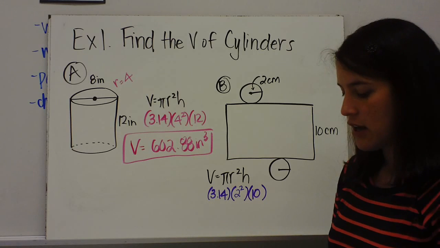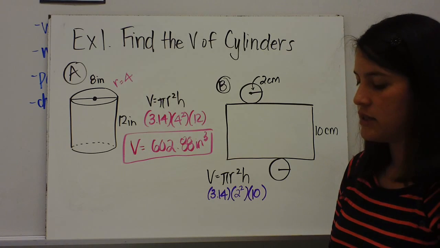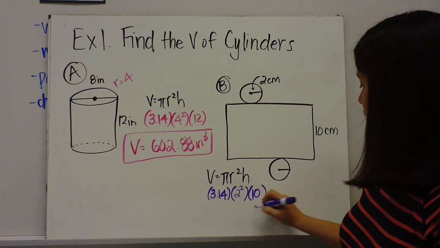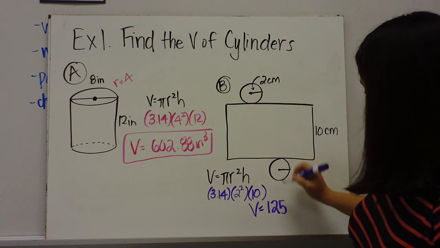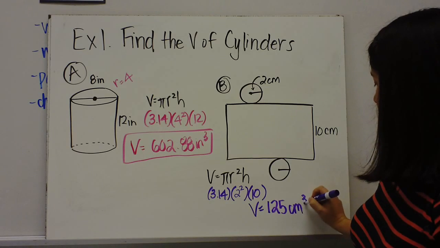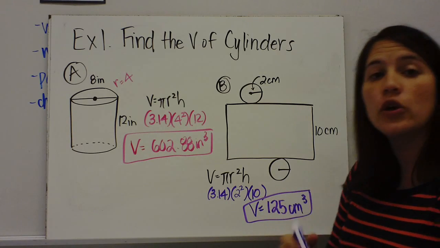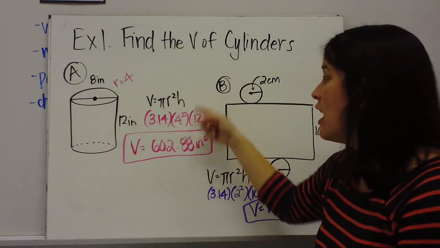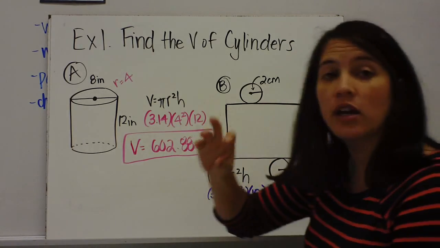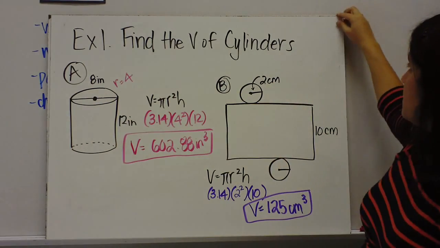So now I type that into my calculator, 3.14 times 2 squared times 10, and the volume is 125.6 centimeters cubed. So those are 2 quick examples for cylinders, and again, you have the formula and you have to plug it in. The tricky part is if you have the diameter or if you have the radius.